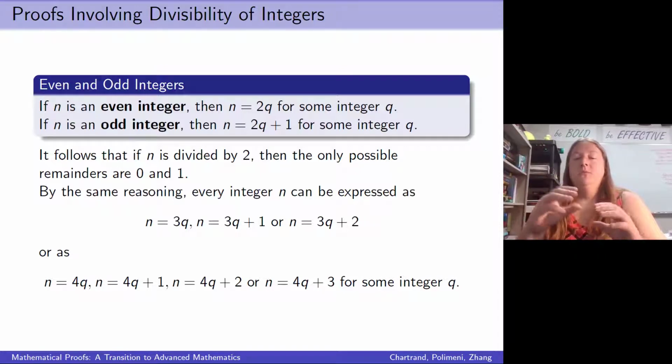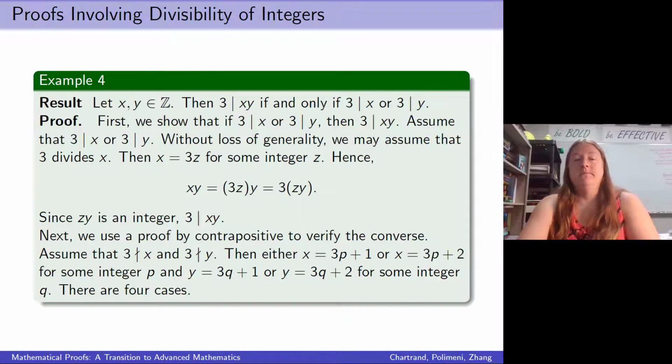It's really just following the even-odd pattern that I've set up, but thinking now in terms of divisibility. Similarly, I can do this with 4, and with 8. I just always have to have all the possible remainders tagged on as possible ways that I could write my integer. And this is helpful in some types of proofs that we do.